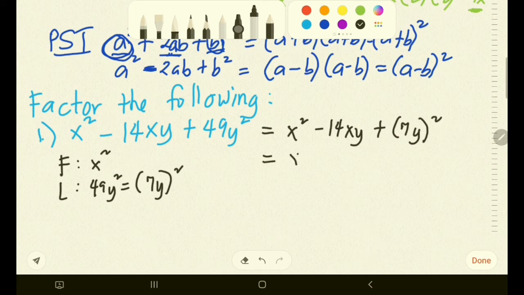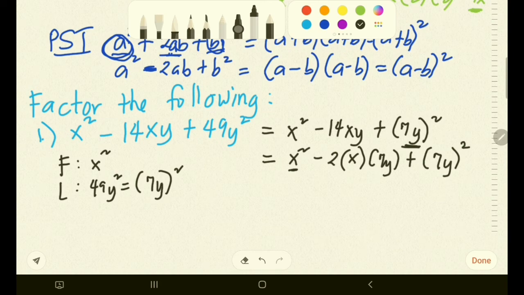So you have your x squared, and it's very clear by using the pattern above. Minus 2, the base for the first term, you have your x, and the base for the last term, that's 7y. So plus the square of 7y.